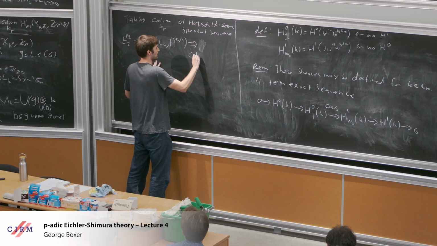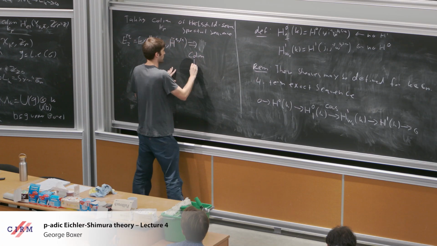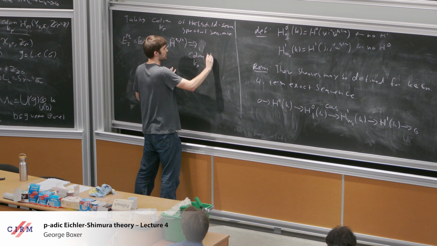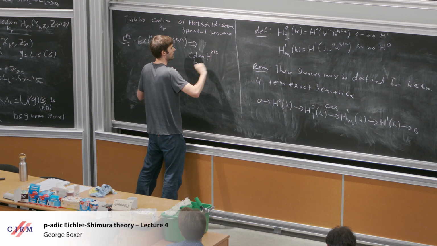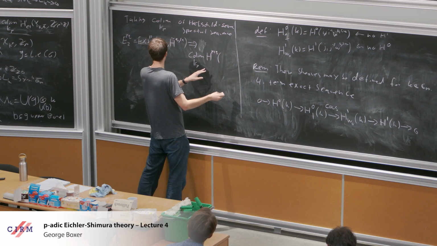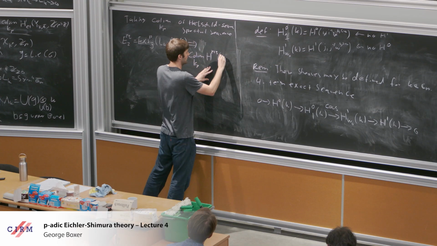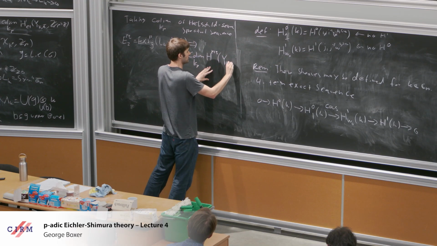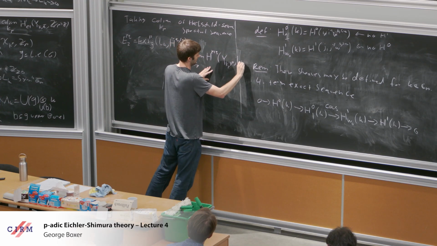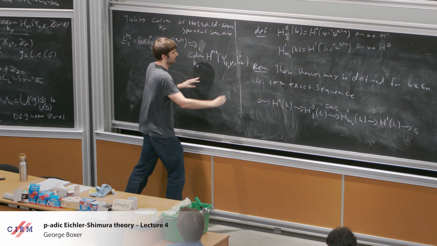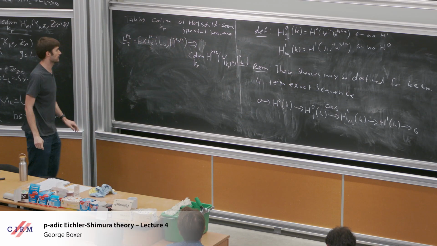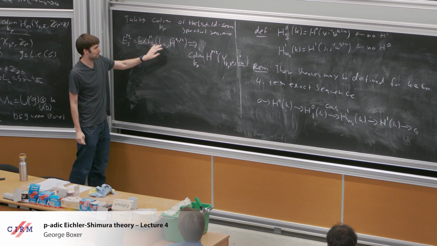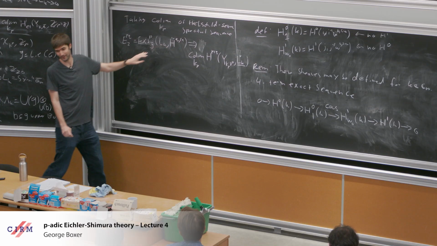So the colimit over Kp of H^{p+q} of Y_Kp, and then the local system, well, actually associated to the dual of this representation. Because when I wrote this the last time, I put L_k on that side, and now I put it on that side.